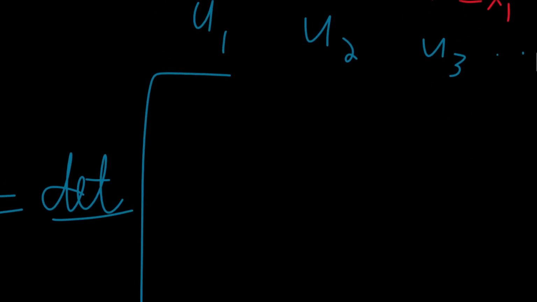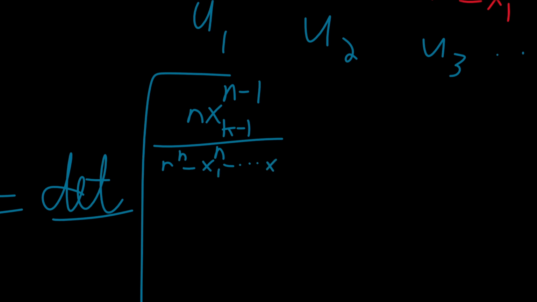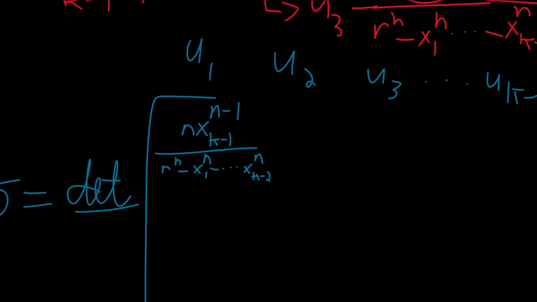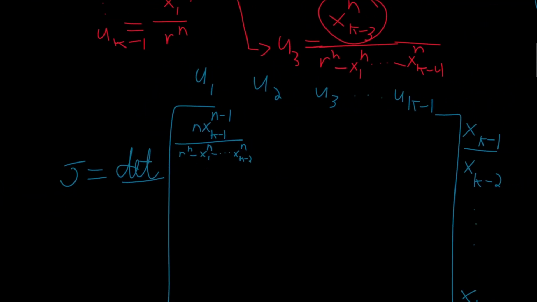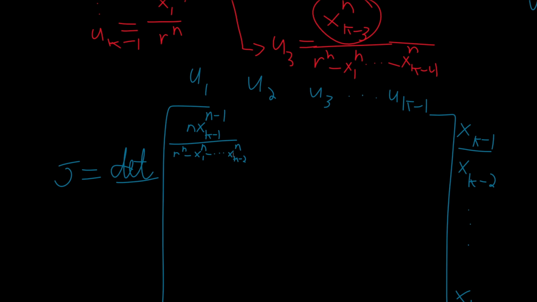What we have is n x_{k-1}^{n-1} by the power rule, and in the denominator it remains just the rest of this: r^n minus x1^n, pardon me, minus dot dot dot, minus x_{k-2}^n. Okay, cool. Now, what is the derivative of u2 with respect to x_{k-1}?